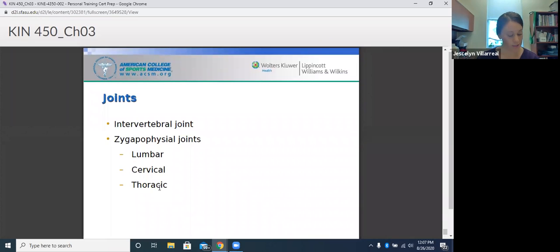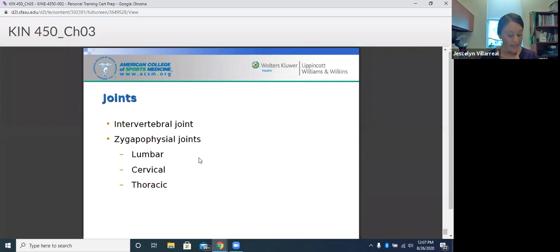Your joints, you have one intervertebral joint, and you have 4 facet joints. Okay. Lumbar allow for flexion, extension, and restrict axial rotations. So you can't really twist in the lumbar region, the lower back.